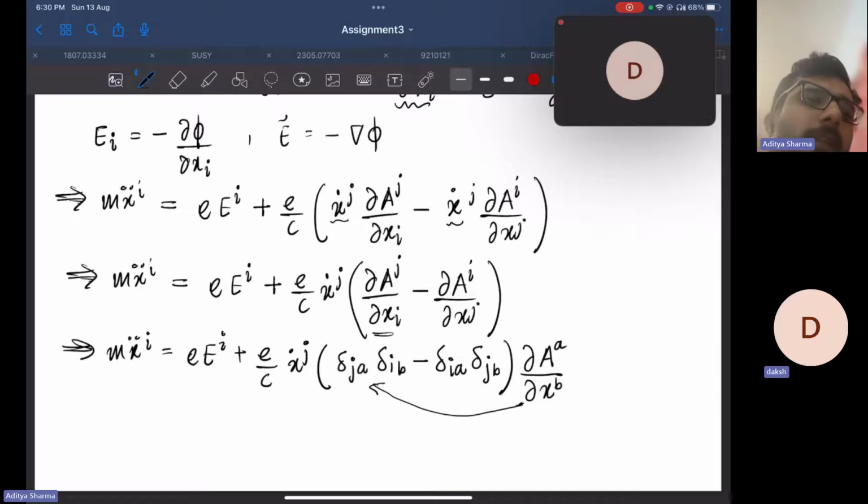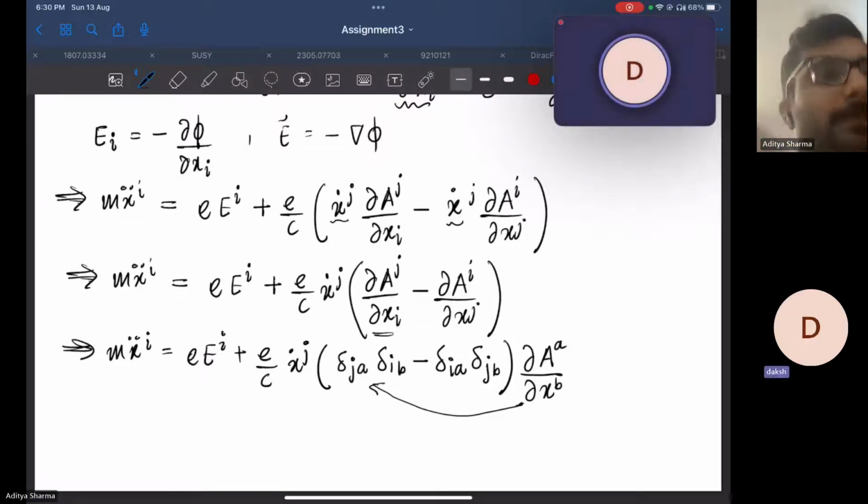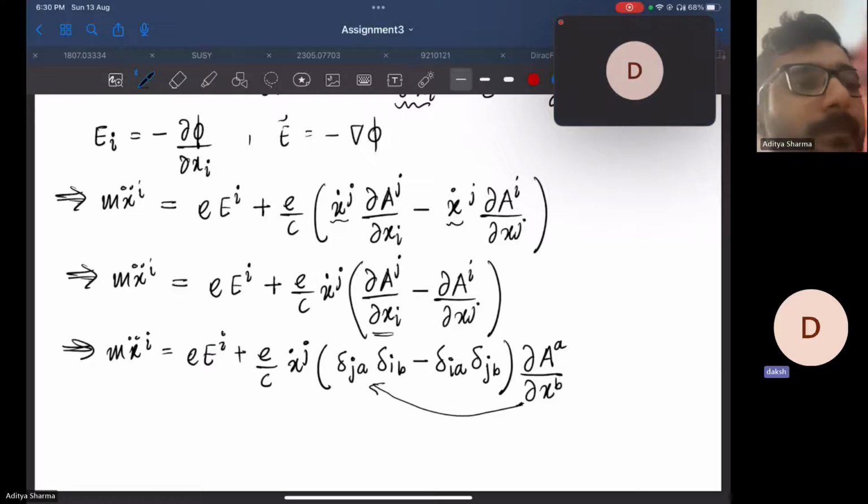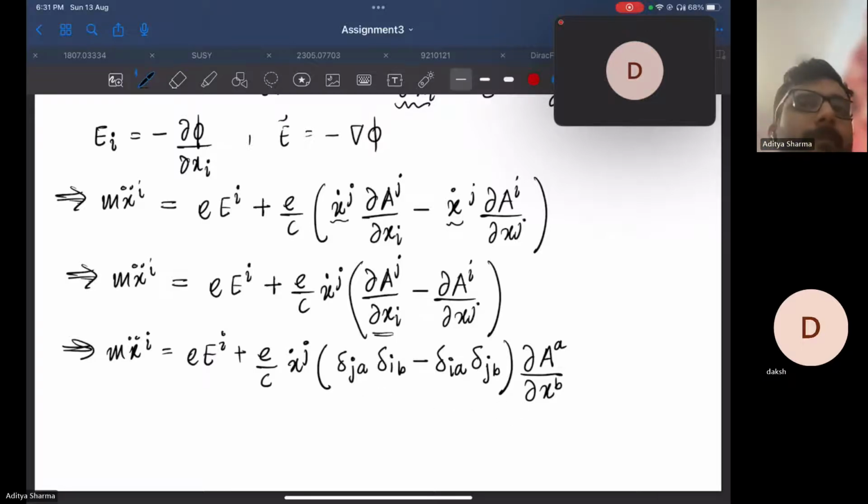Because A and J Kronecker delta means that only for J equal to A, this term is there, right? Correct. Yes. Right. So I'm introducing some auxiliary variables.